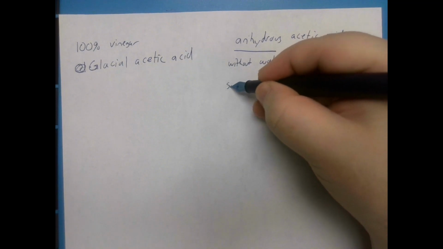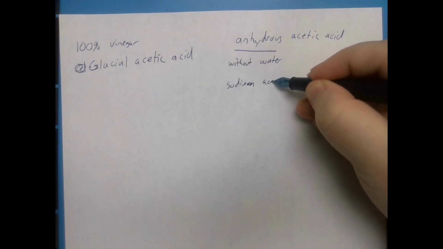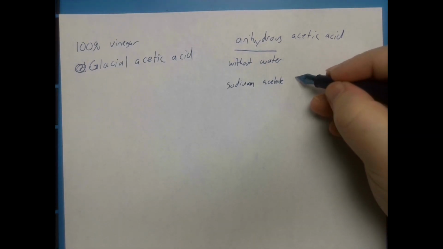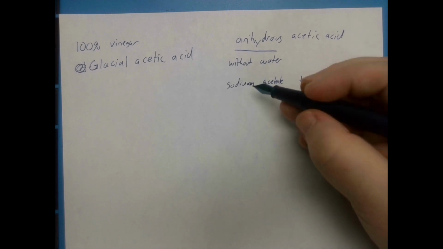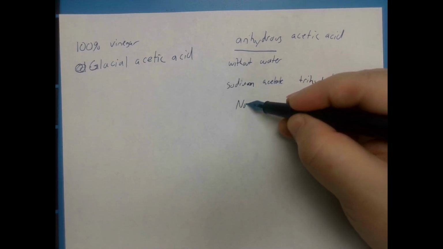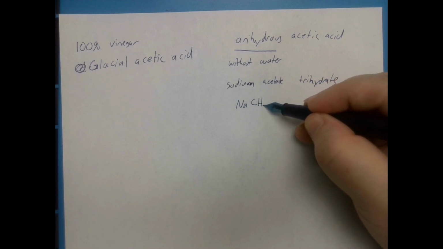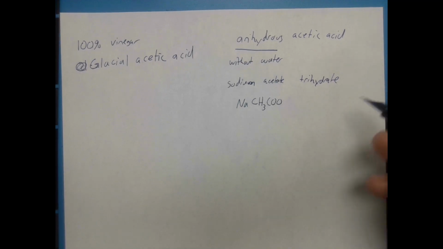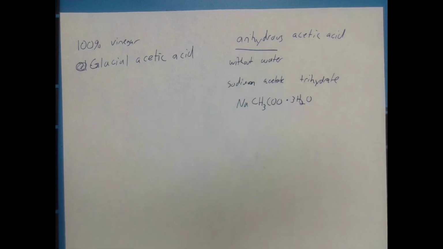The sodium acetate, the thing we made. The supersaturated solution I have is sodium acetate trihydrate. What this means, so sodium, Na, acetate is CH3COO, is we put a dot and we put 3 H2Os.